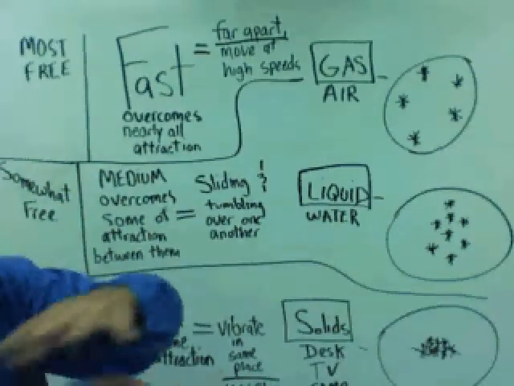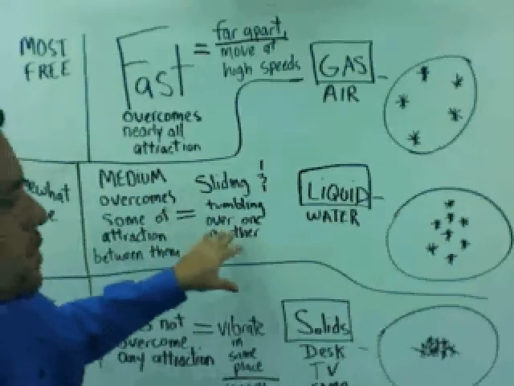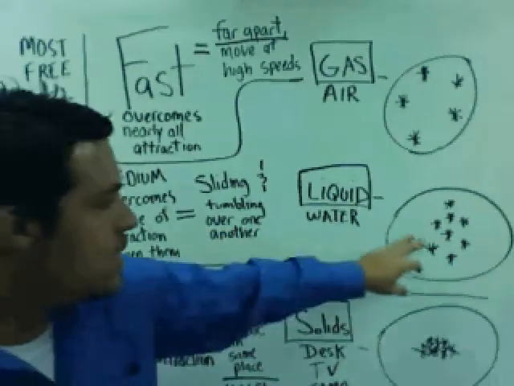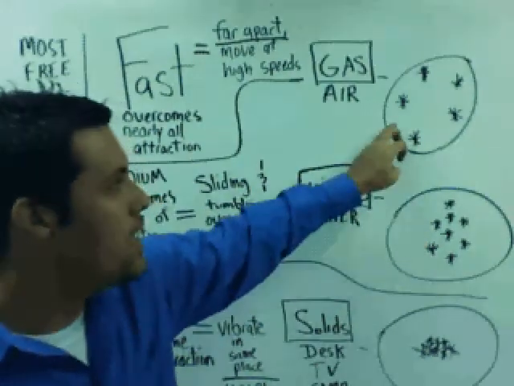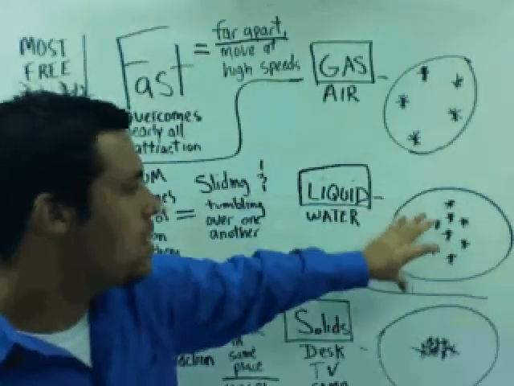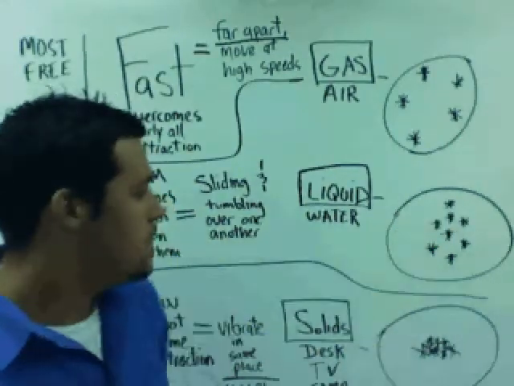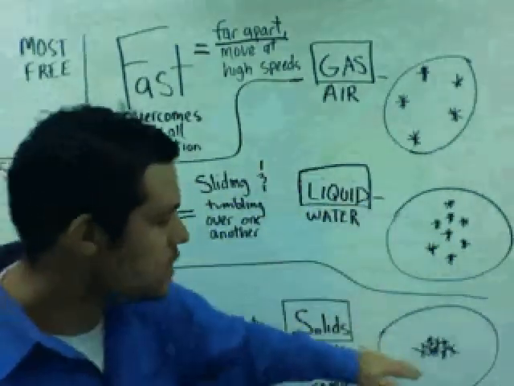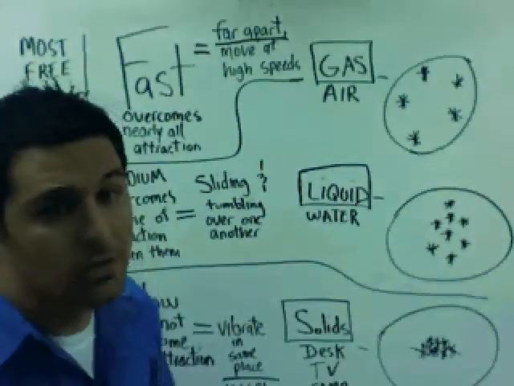They are a lot further apart from one another. So again, with liquids sliding and tumbling over one another, they're a little bit closer than the gases. They're not as far apart as gas, but they are somewhat close to each other, and they do have some room. So it's kind of the medium in between solids and gases when it comes to how close they are to one another.